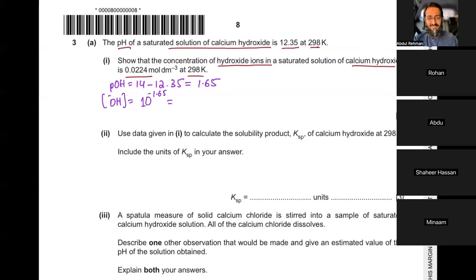Can anyone tell me the value? Okay, so we are getting 0.0224 mole per dm cube, and that's what they ask you to justify. So we have justified.